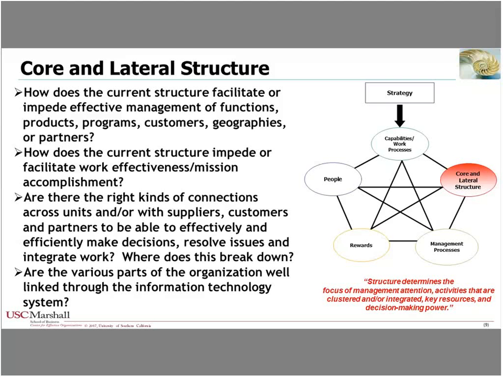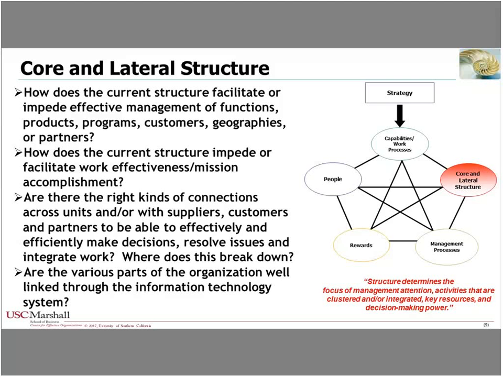In addition to that core choice, which is crucial, we're going to suggest that any choice of a core structure is never going to be perfect. As soon as you say I'm going to be a geographically based core structure, somebody's going to ask, what about product, and what about customers, and what about functions?